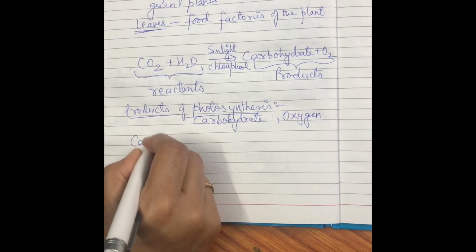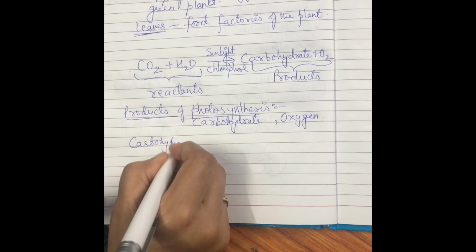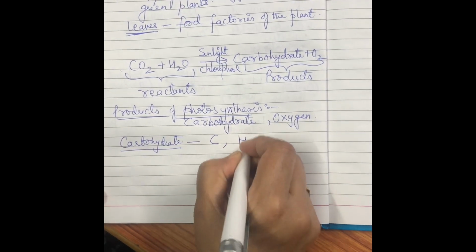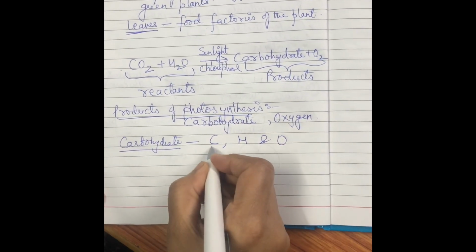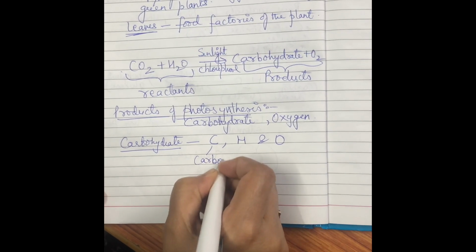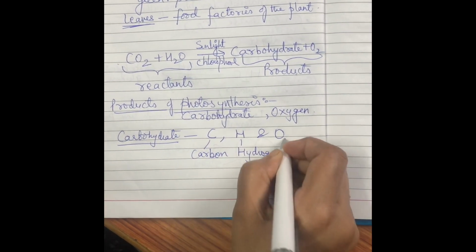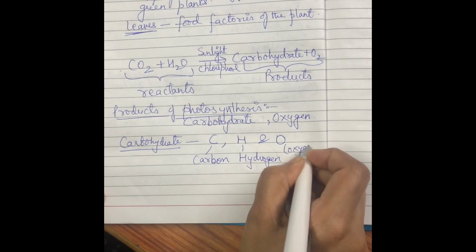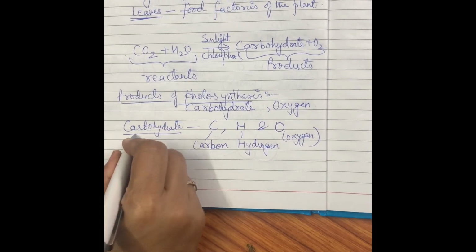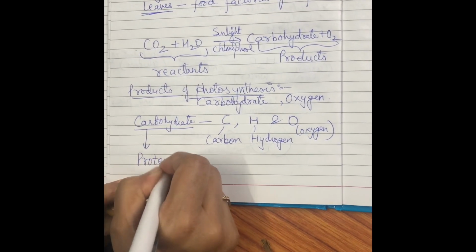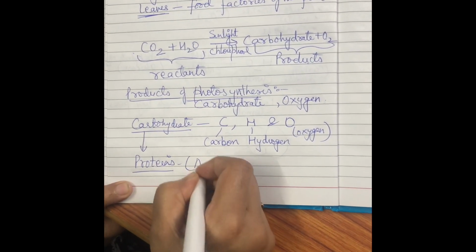Carbohydrate is a compound which contains three elements: carbon, hydrogen and oxygen. C stands for carbon, H stands for hydrogen and O stands for oxygen. Some carbohydrates are also converted into proteins, which also contain nitrogen.